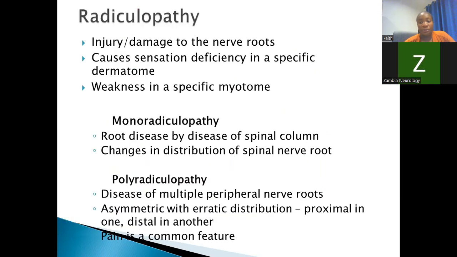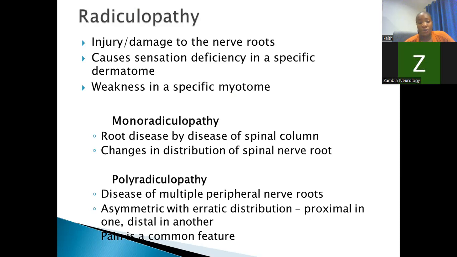And then I thought it should also be important for us to discuss a few more definitions of terms that we might encounter in practice when we are dealing with patients that have peripheral neuropathy, and one of them is for us to understand what a radiculopathy is. A radiculopathy is injury or damage to the nerve roots, and it causes sensation deficiency in a specific dermatome.